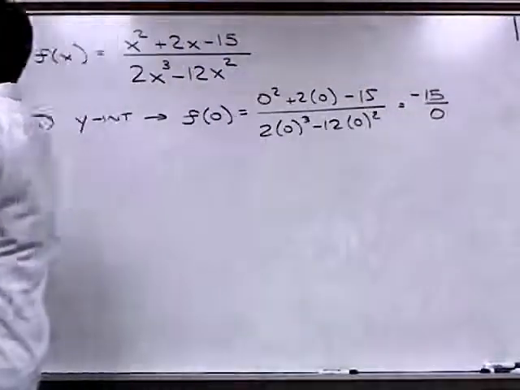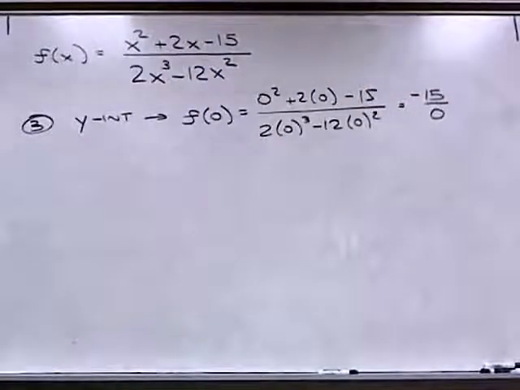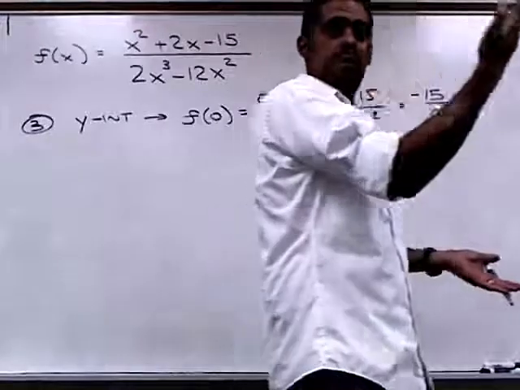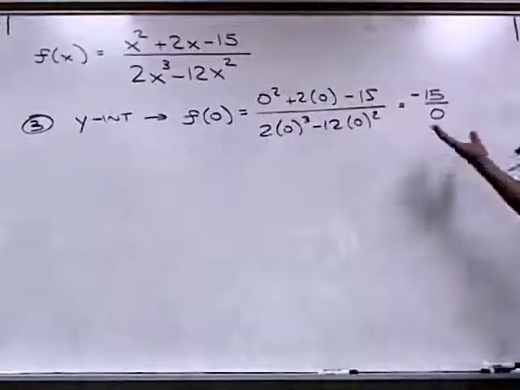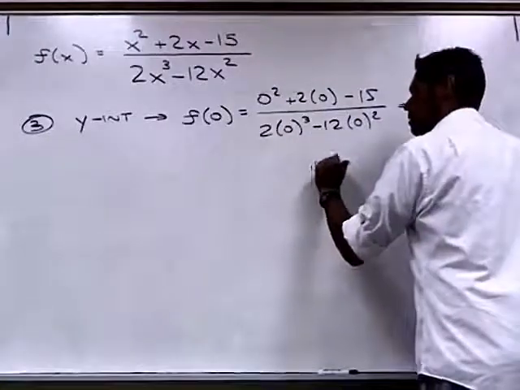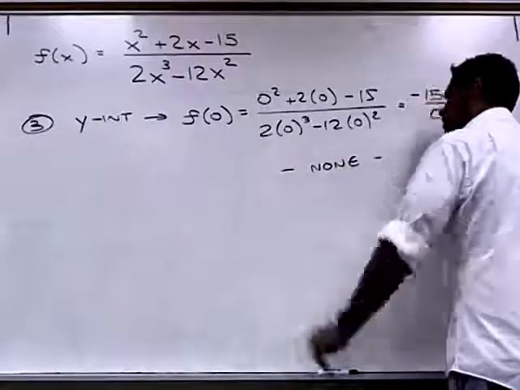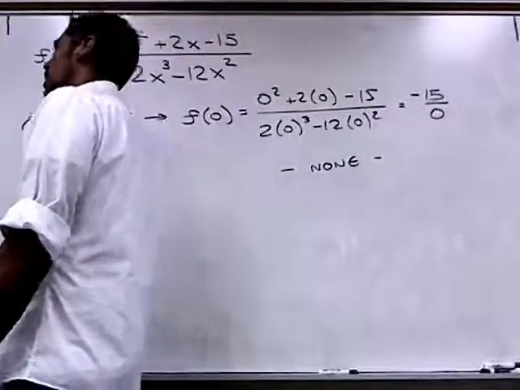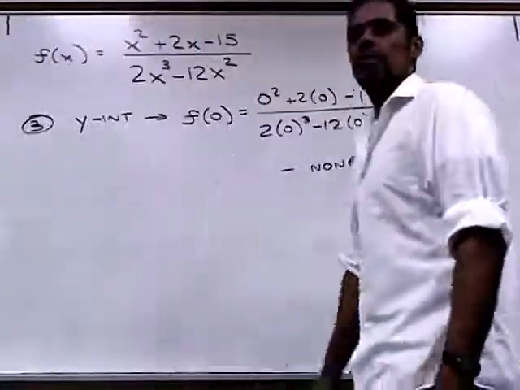They were at 0 and at 6, right? So through 0, I have a dotted line, which means I can't possibly have a y-intercept, right? So that makes sense that I have none. I have no y-intercept, right?